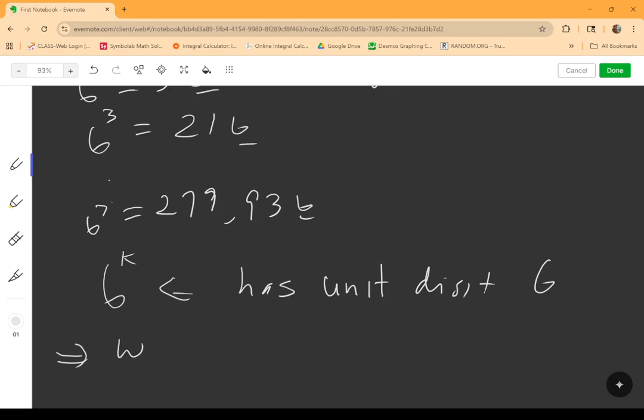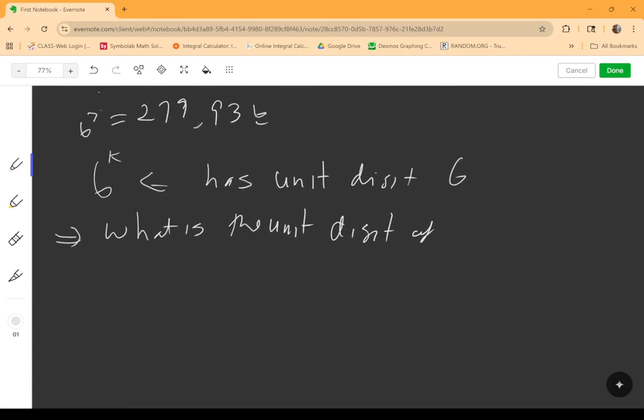What is the unit digit of 6 to the k plus 1? Now, using the laws of exponents, that is 6 times 6 to the k.